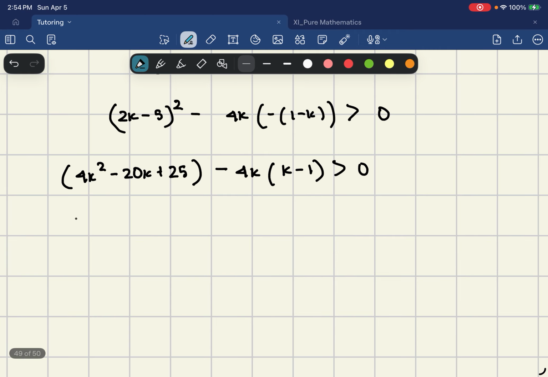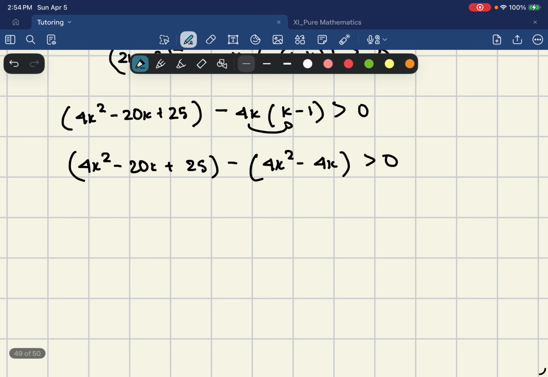If I simplify, I have 4k squared minus 20k plus 25 minus 4k squared minus 4k, if I multiply 4k inside. 4k squared minus 4k squared cancels out. Minus 20k minus of minus 4k, because minus of minus is just plus 4k. Minus 20k plus 4k is minus 16k plus 25.